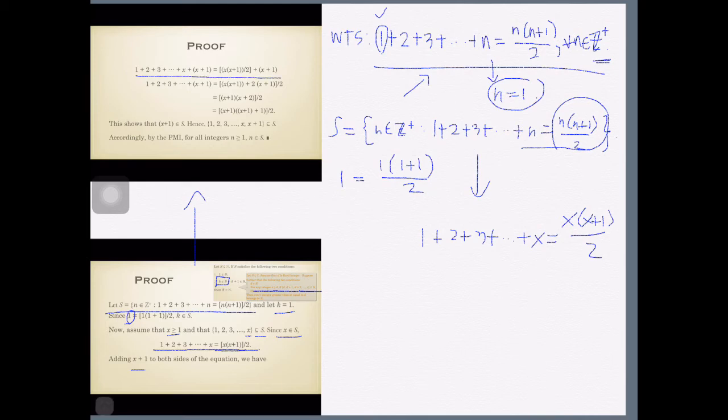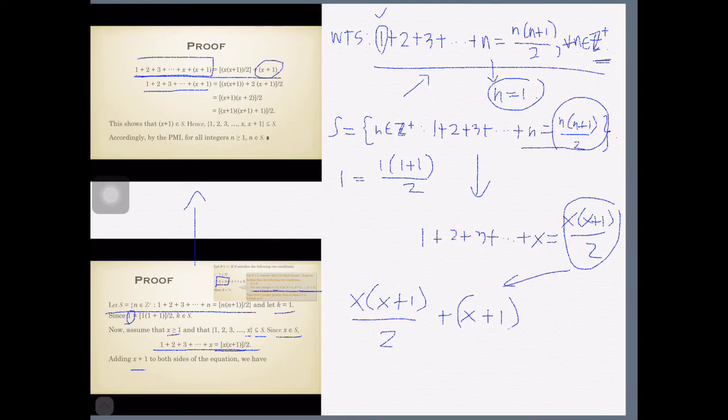And note that this left side of the equation will just be the same thing as this. And if we add x plus 1 to both sides of the equation, considering the right side this time, knowing that the right side is x times x plus 1 all over 2, we are to add x plus 1.